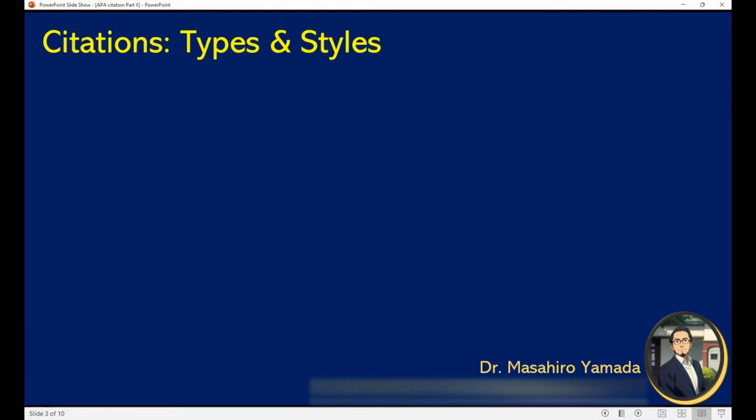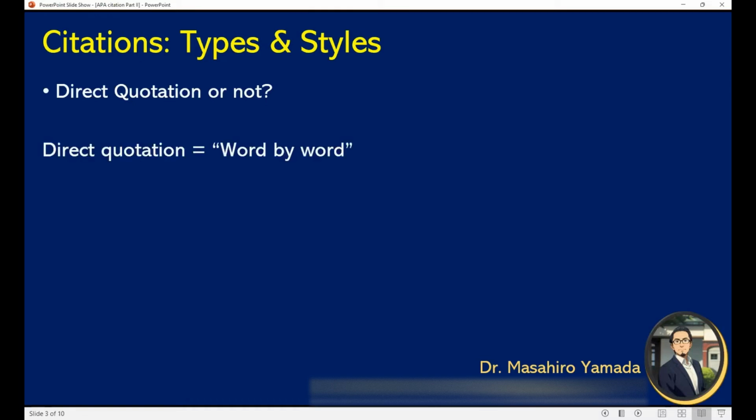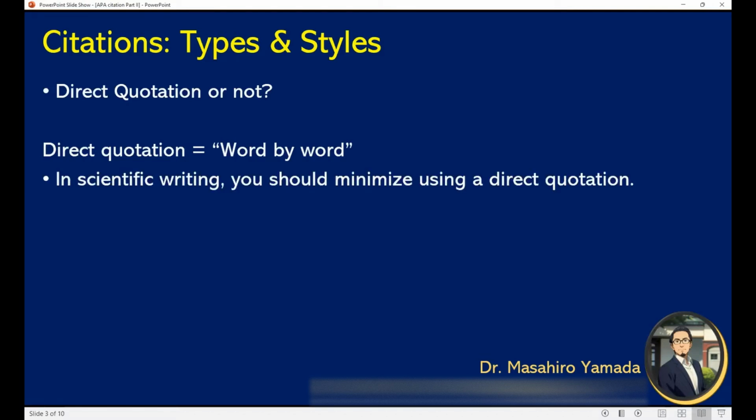All right, so I'm going to start with direct quotation. This video is made for students who are in a science major. So in brief, in scientific writing, you should minimize the use of direct quotation. One of the reasons is that if you have so many direct quotations, one legitimate question is, what is your writing?